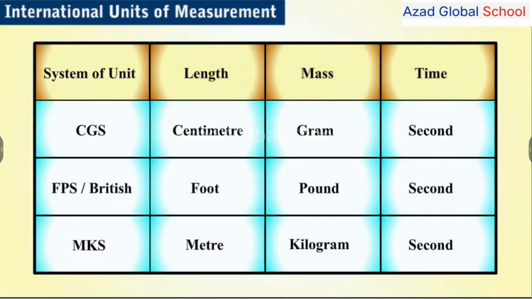Among these were the CGS system, which stands for centimeter, gram, seconds, and FPS, which stands for foot, pounds, seconds, respectively. These units were adopted by Britain and hence the system is referred to as the British system. The third system of units is the MKS system, which stands for meter, kilogram, and second.